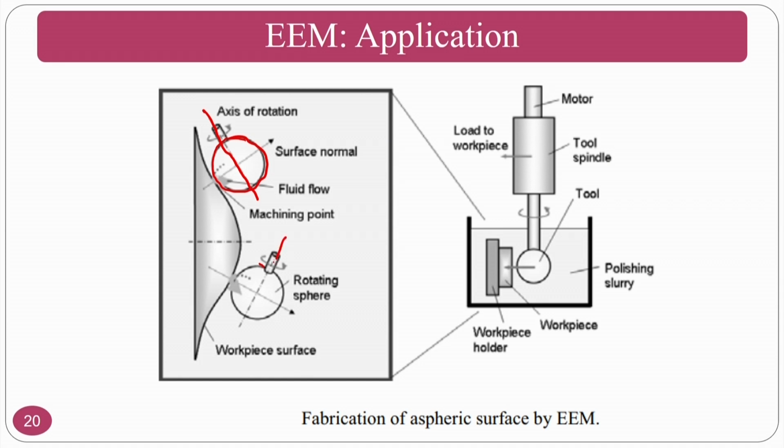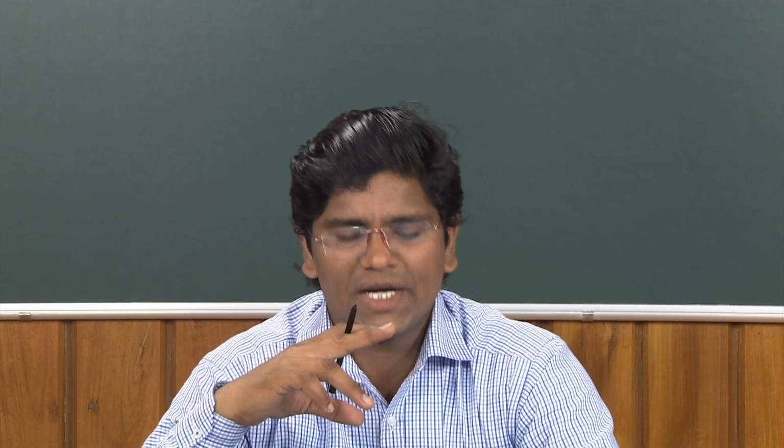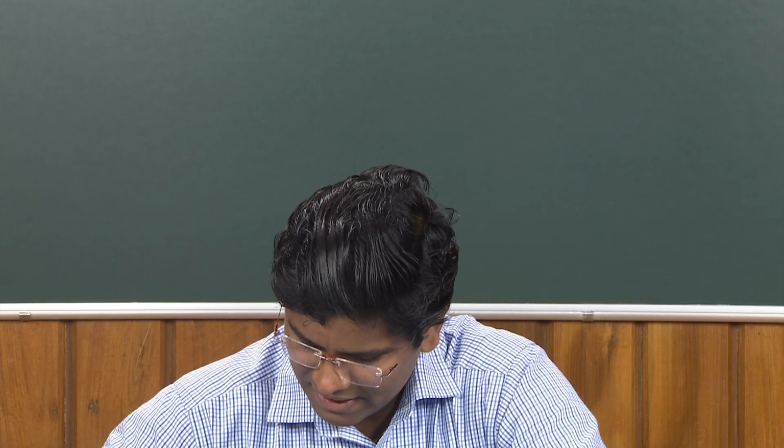Here this is one axis and this is another axis. When you want to get a smooth surface, you should always have a perpendicular direction. The sphere will always have the perpendicular direction if you orient it properly. This is how you can do aspheric surfaces by the elastic emission machining process.